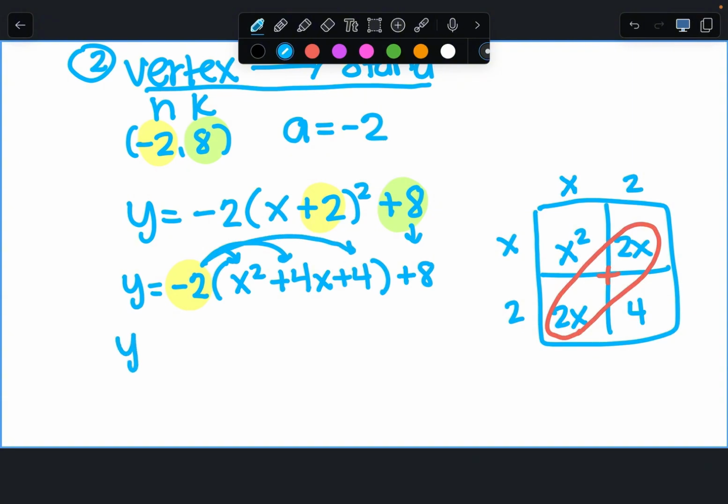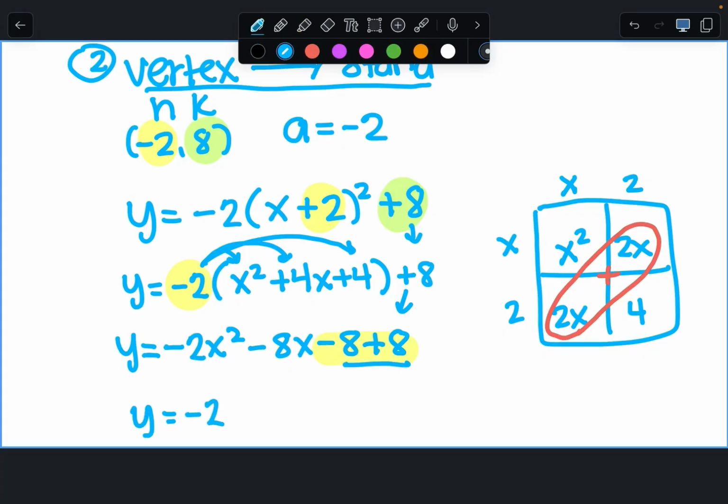So you get y is equal to... So when you combine the 8s at the end, they cancel out. Questions? Okay.